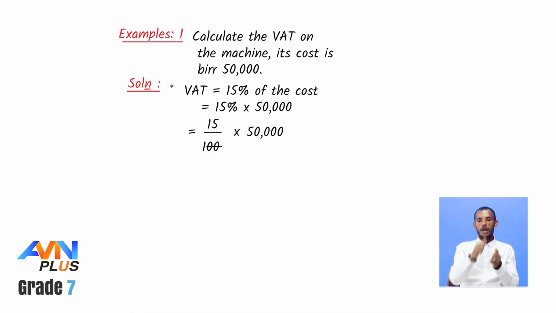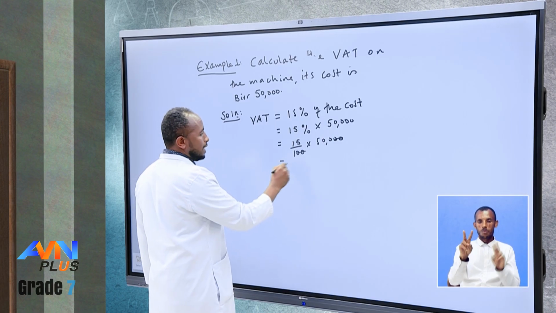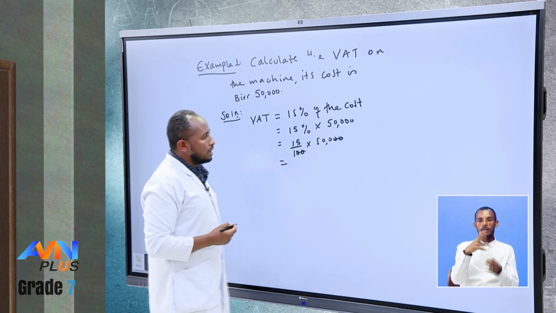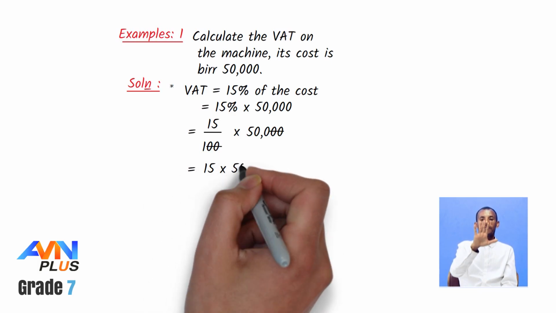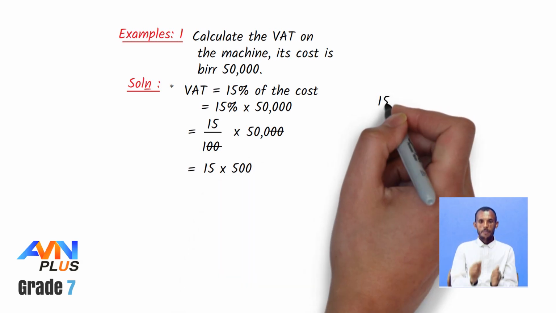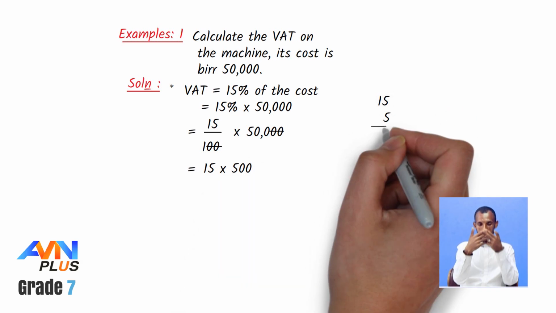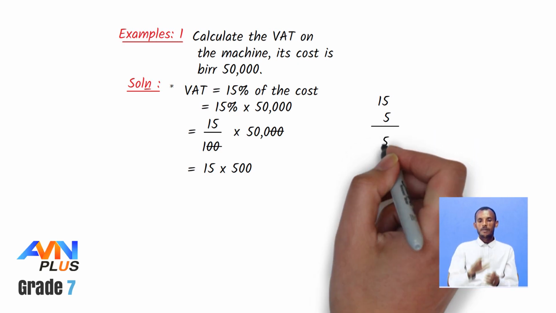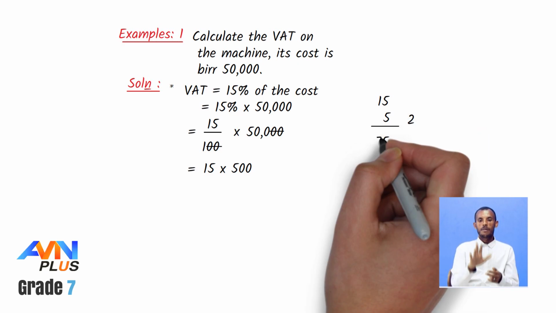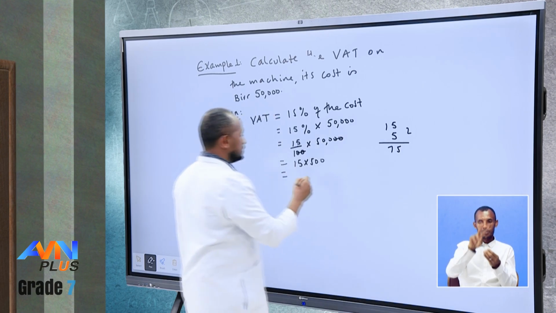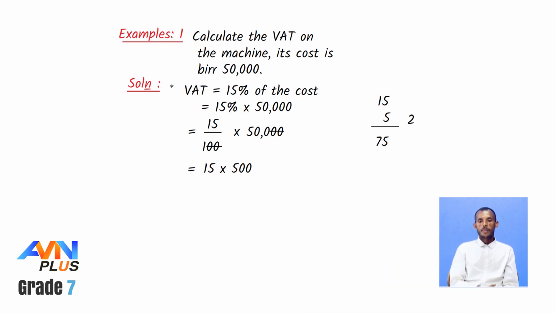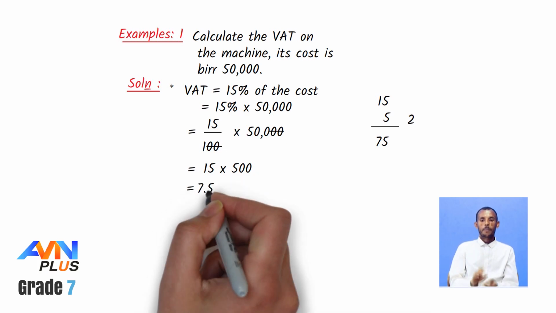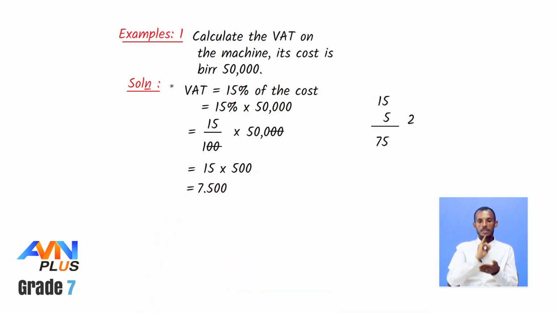So you can cancel two zeros and you multiply 15 by 500. Let's multiply 15 by 5: 5 times 5 is 25, 5 times 1 is 5 plus 2, 7. This gives us 7,500. That is 7,500 birr, the amount of VAT.